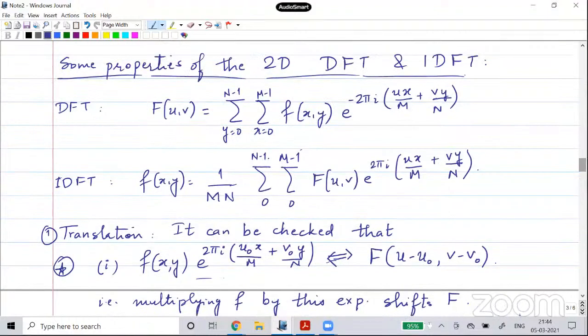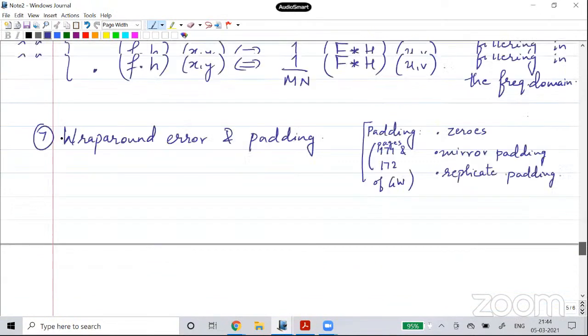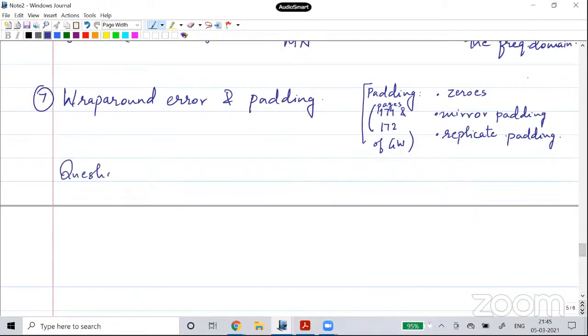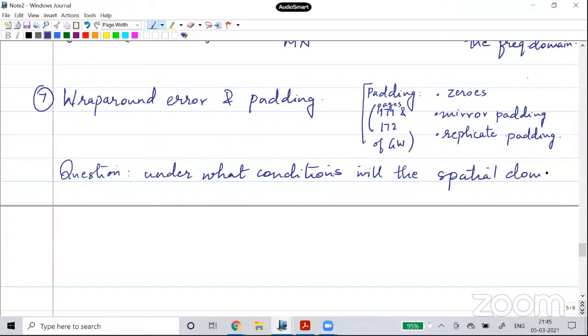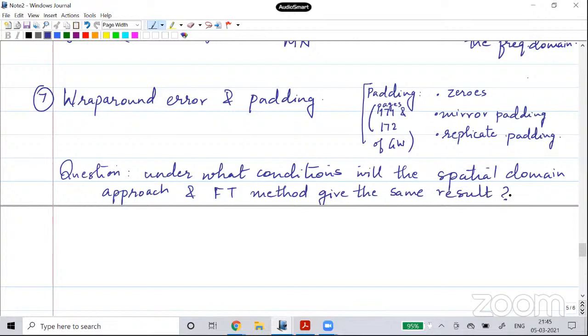With all these factors coming into play, the question one needs to ask is: under what conditions will direct convolution in the spatial domain and the Fourier transform method give the same result? That is a natural question to ask.